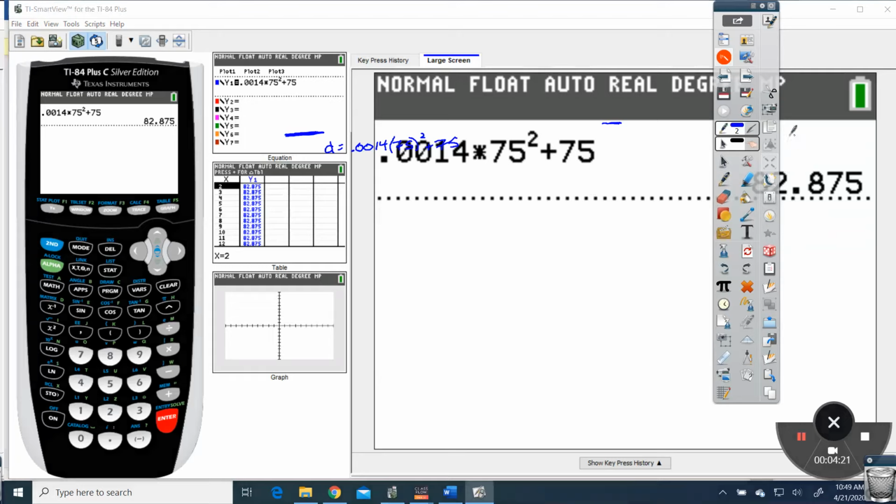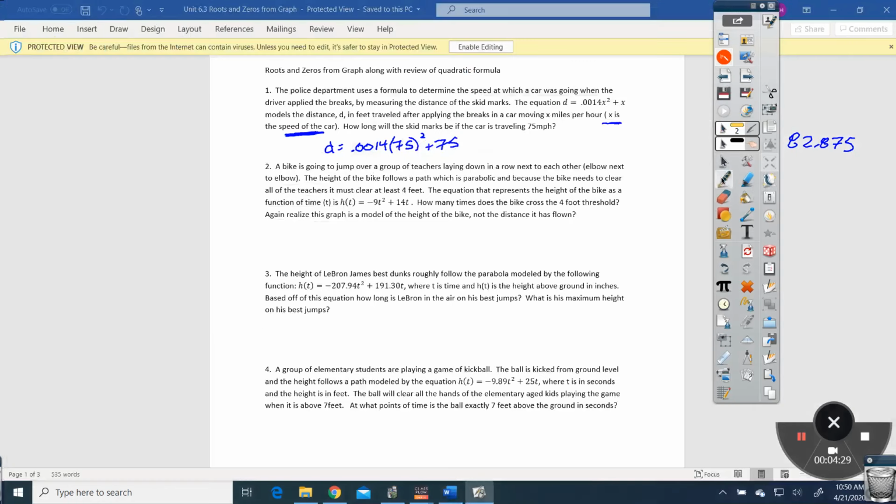So this thing's going to travel 82.875 feet. So the distance it goes is 82.875. You'll have to look on the Canvas quiz to what I said to round to. If I say round to the nearest whole number, it's going to be 83 feet. Okay? It says that's how far.